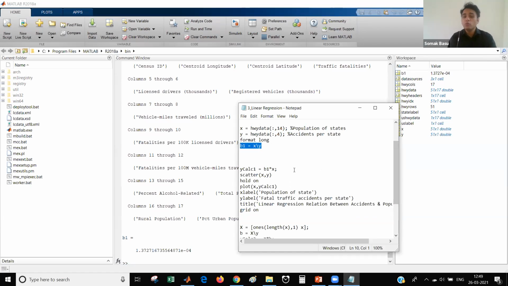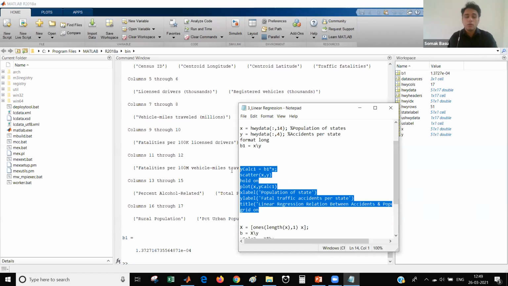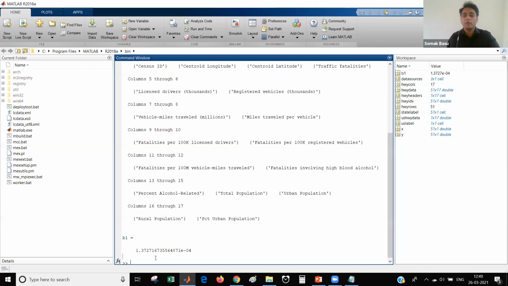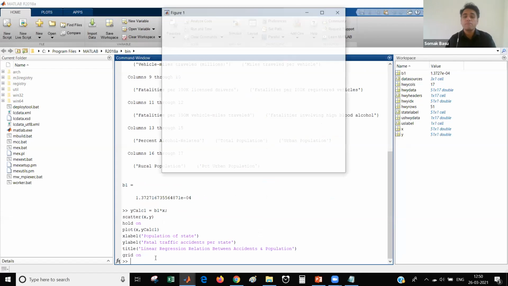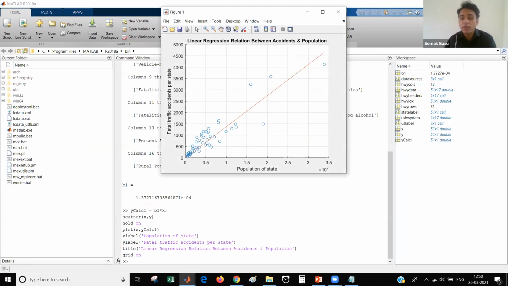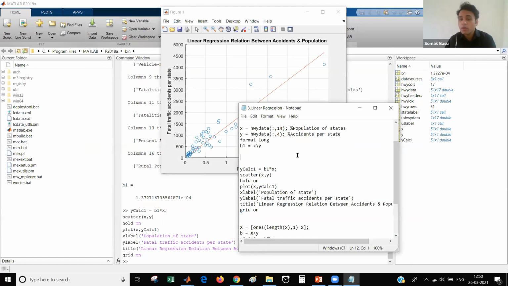What I've done over here, if you follow the code, is I have multiplied b1 with x. Why? Because I am first of all trying to design a regression model in the form y is equal to mx only, with c equal to 0. Later on, I'll try to design a model y is equal to mx plus c.